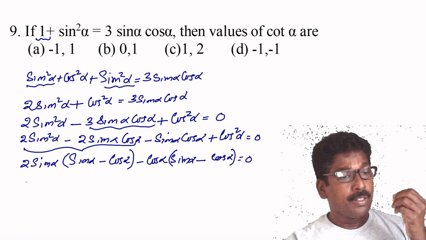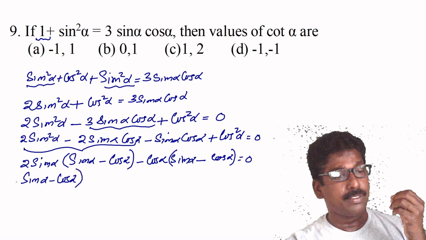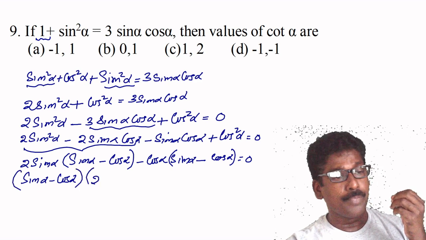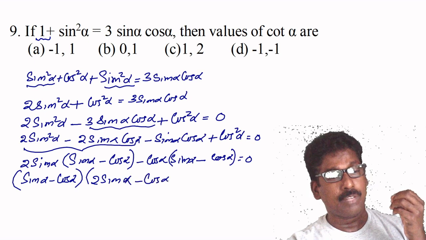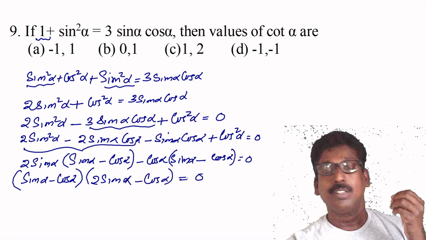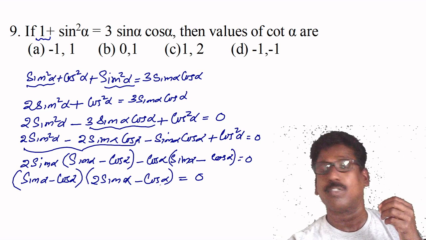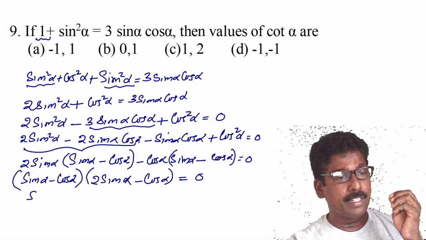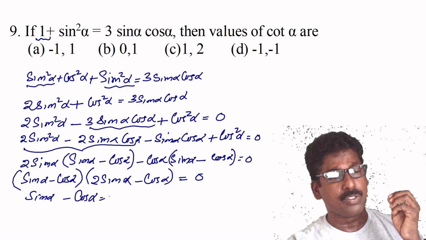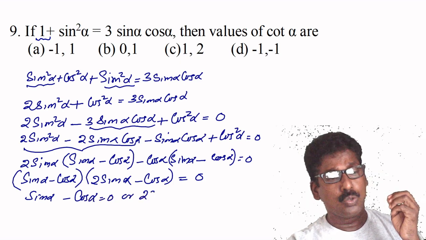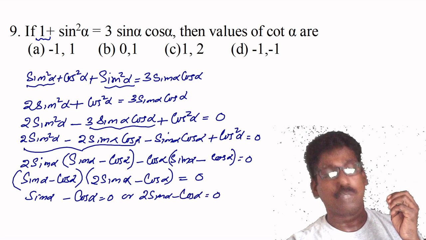Now here sin alpha minus cos alpha common into 2 sin alpha minus cos alpha is equal to 0. Now let sin alpha minus cos alpha into 2 sin alpha minus cos alpha is equal to 0, which means that either sin alpha minus cos alpha is equal to 0 or 2 sin alpha minus cos alpha is equal to 0.